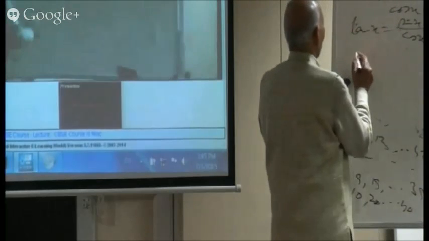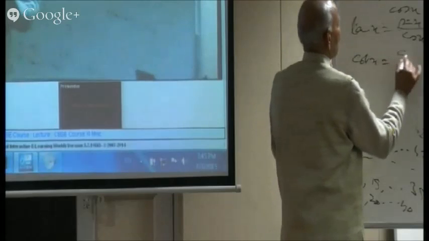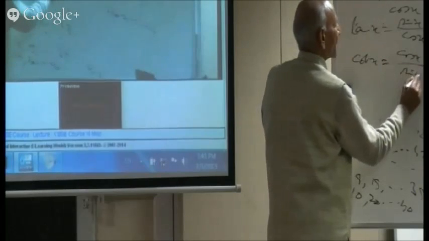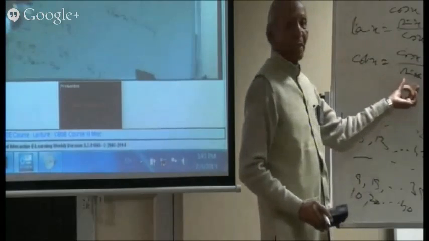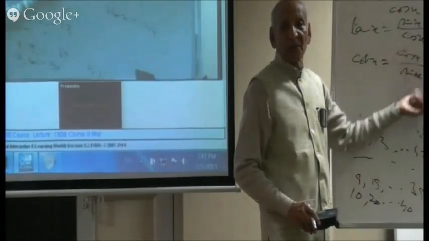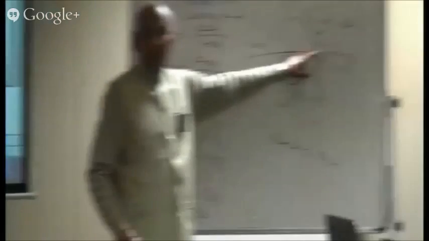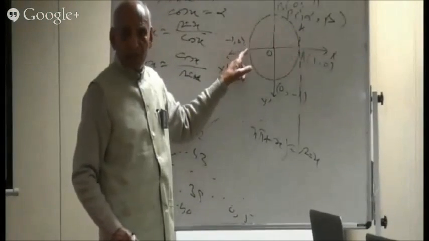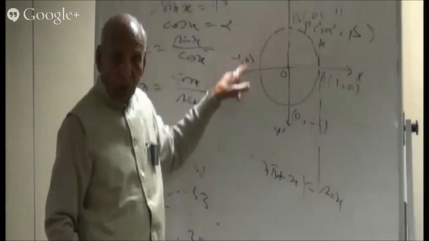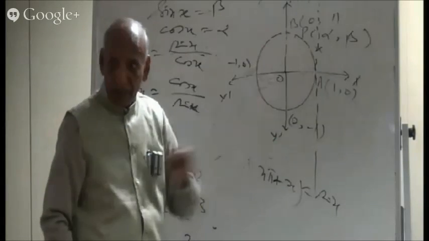So again, I could think about cotangent of x. What is cotangent of x? It is cos x by sin x. So when should it not be defined? When sine should not be 0. And sine is 0 at 0, pi, 2 pi, 3 pi, 4 pi. Is it right?